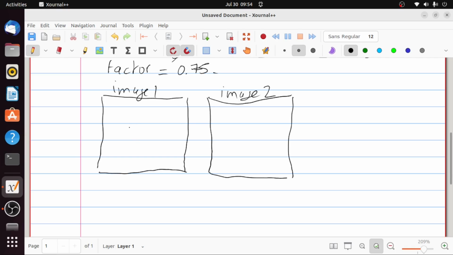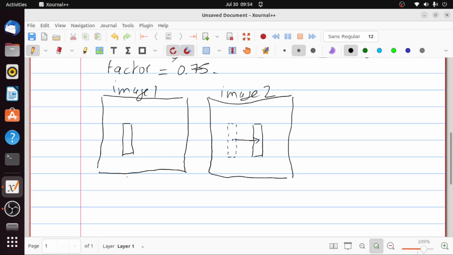So let's say you have some object, and this object moves by this amount. It was here. So it moved by this amount, which is quite large. So that's the displacement.